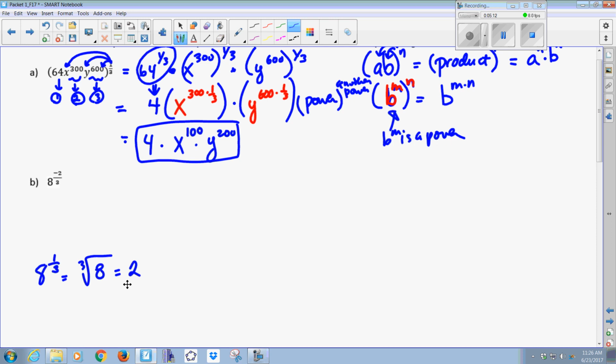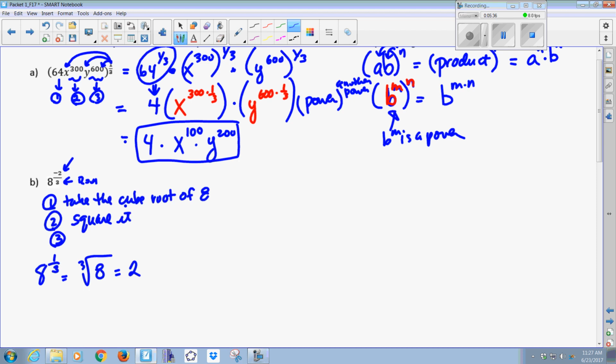So now what does this say? This says, number 1, take the cubed root of 8. Number 2, square it. And number 3, apply what it means to be a negative exponent.